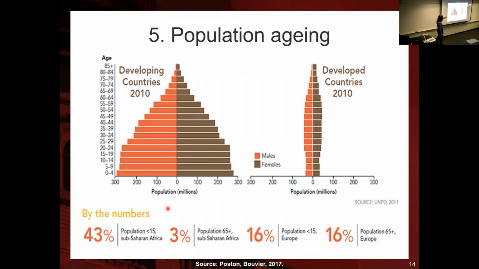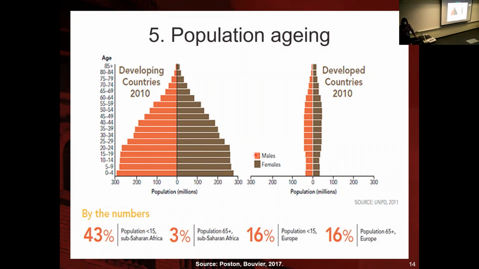If you compare developing countries in 2010 with developed countries, you see that really clearly. And when you put the population in millions, not just in percentage, you also see the difference in the size of the population.